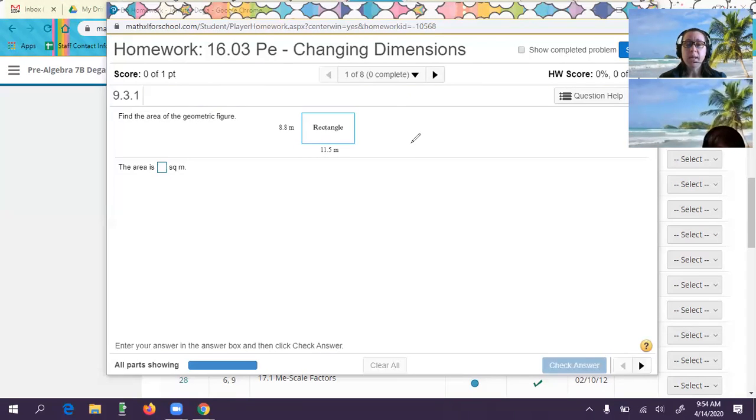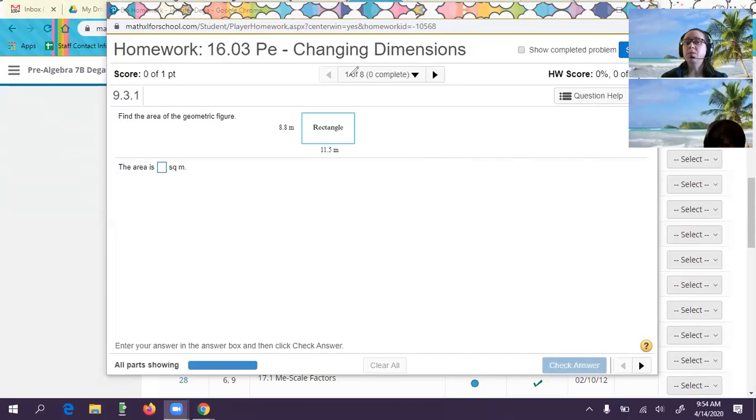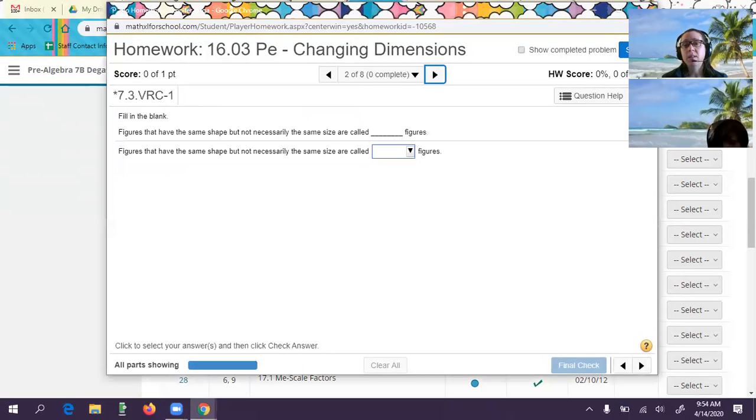What's our formula? Yeah, length times width. So we would go 8.8 times 11.5. Very good. Whatever that is, that's what you would type in there. So the first one's just an area formula. Not too bad there.